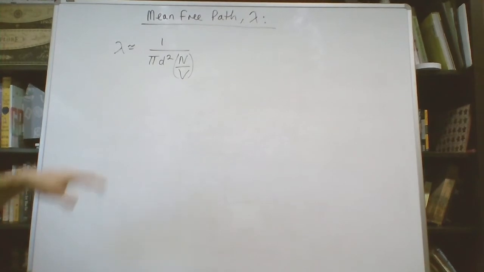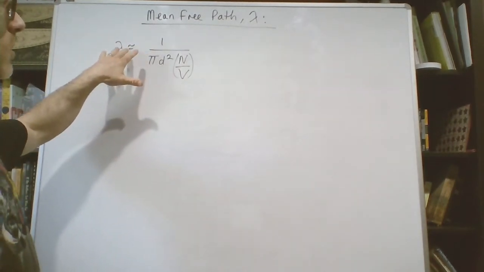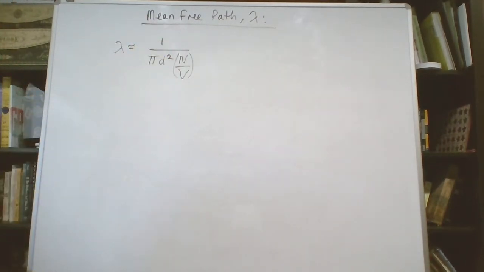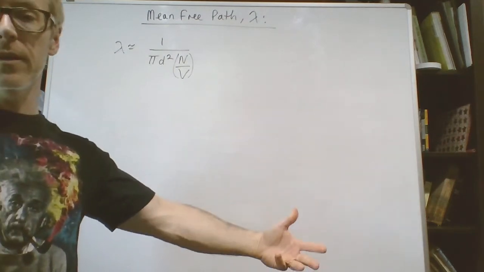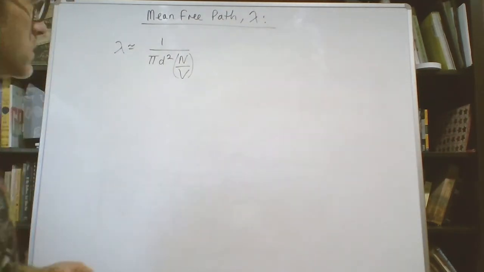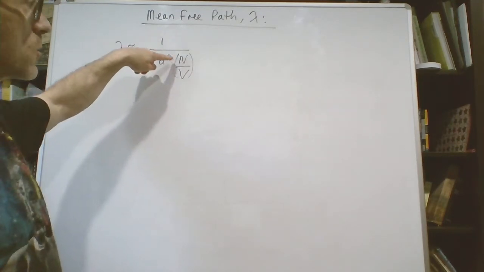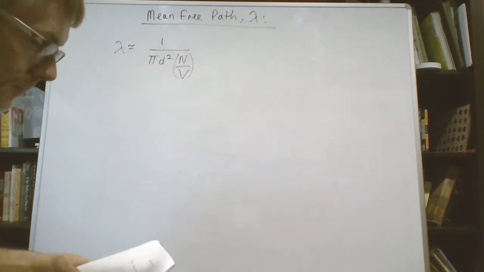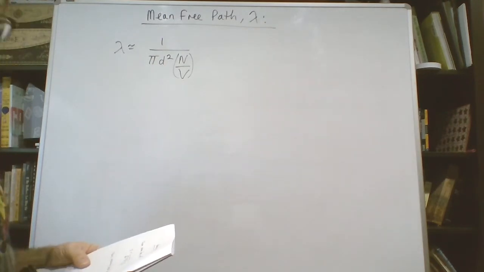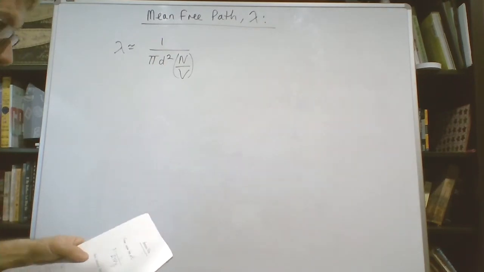Okay, continuing on. So in the previous slide we saw our expression for mean free path, so the distance traveled before you hit something in the ideal gas state. Lambda, the mean free path, is approximately 1 over pi d squared n over v. So let's continue with that discussion.